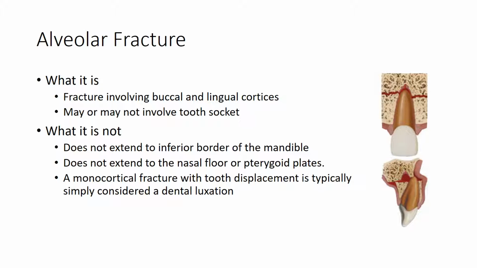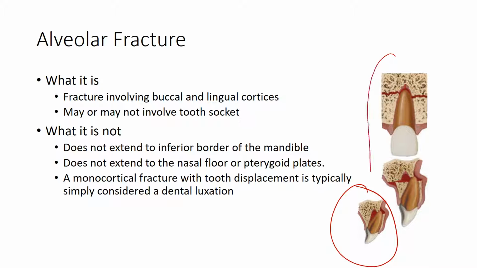It is also not a monocortical fracture with tooth displacement. That is typically just considered to be a luxation, and monocortical fractures kind of go along with a luxation. So this is a monocortical fracture with a luxation down here, and shown here is an alveolar fracture involving both the buccal and lingual cortices.